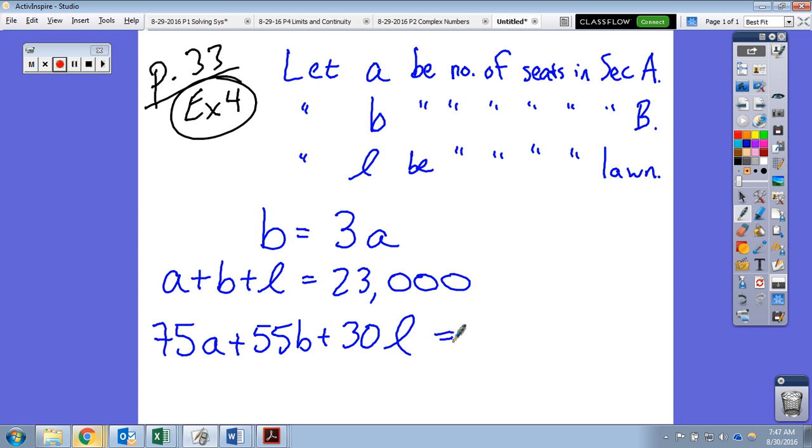So the total revenue, if you added up $75 for all the seats in section A, plus $55 for all the seats in section B, plus $30 for all the lawn seats, this should equal a total revenue of $870,000.